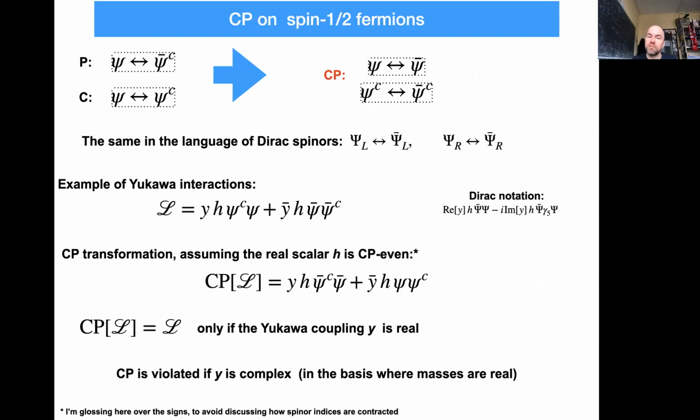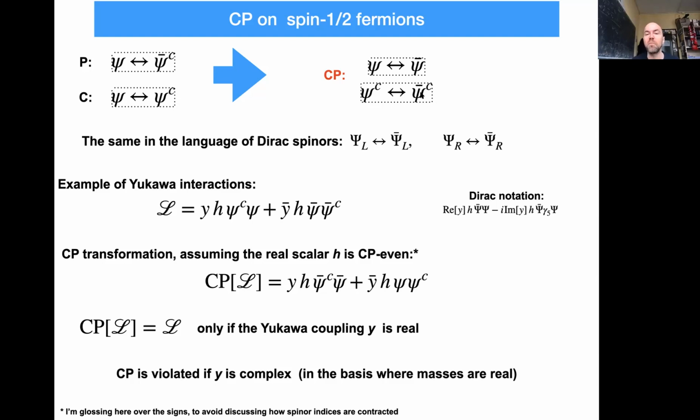So now it's clear what CP is. We just put them together. P interchanges psi and psi bar c, C interchanges psi and psi c. So now if you put this together, CP interchanges psi and psi bar. So again, if you go to this fundamental component, the CP operation looks like a conjugation.